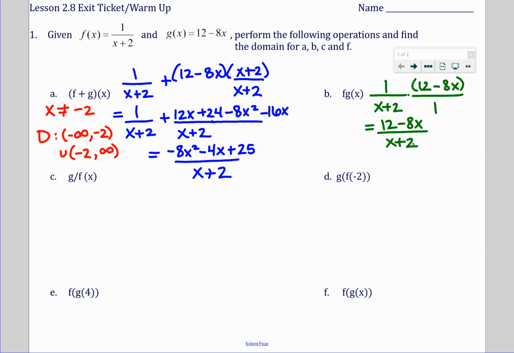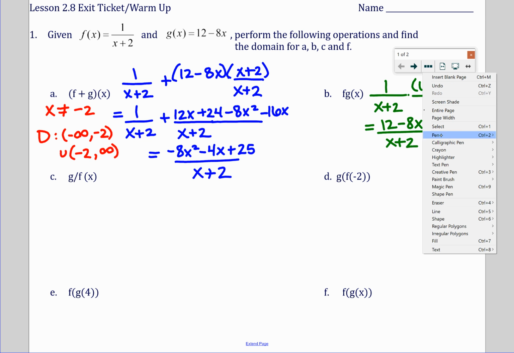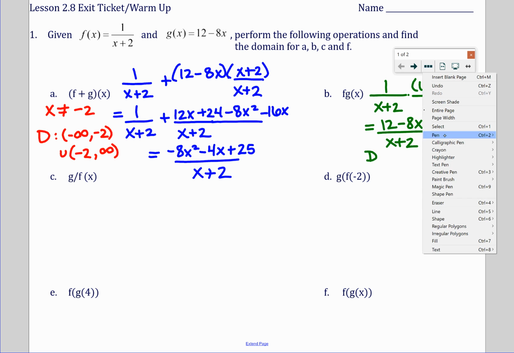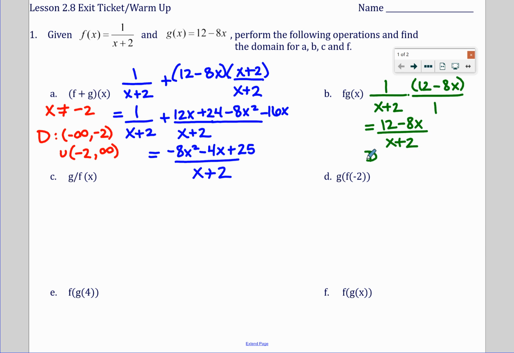You could factor a 4 out of the numerator. If I factor a 4 out of the numerator, I'm left with 3 minus 2x, which does not give me any common factor, so it does not reduce. So this would be your final answer. And domain, again, is everything except negative 2. So negative infinity to negative 2. Negative 2 to infinity.